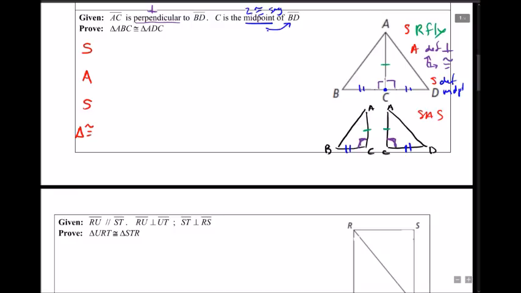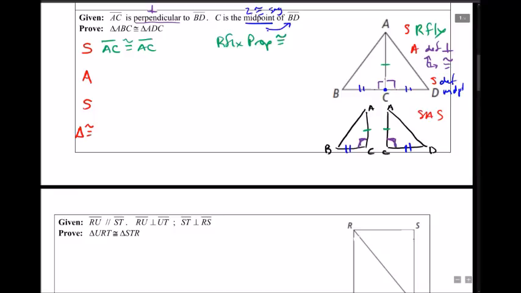So how did I get my first side? Well, the first thing that I did was I said that segment AC is congruent to segment AC, and that's by the reflexive property of congruence. Okay, then how did I get my angle?